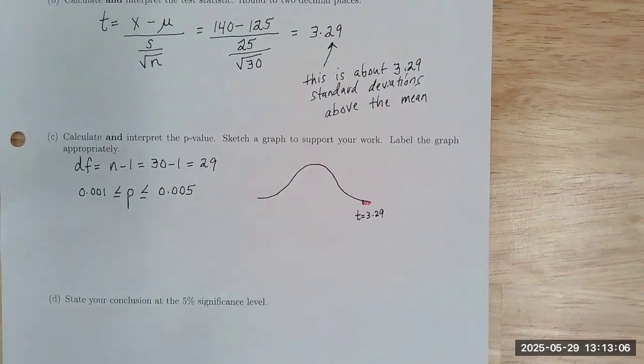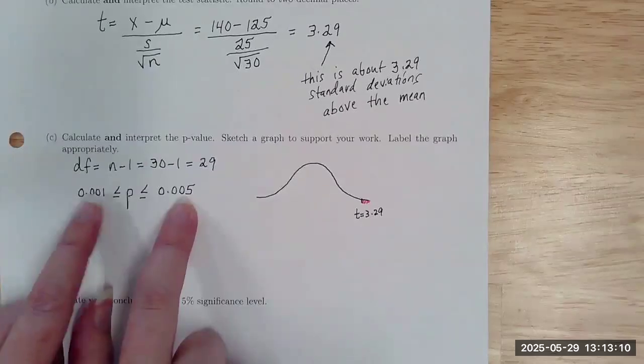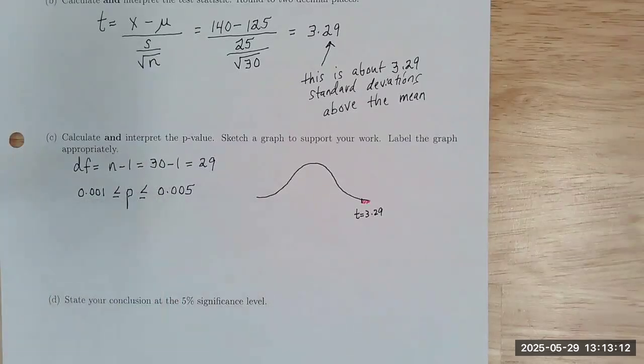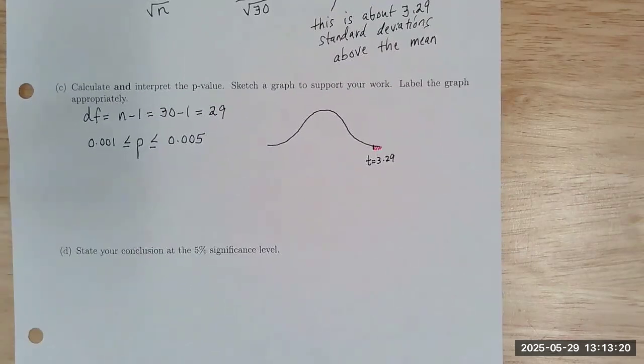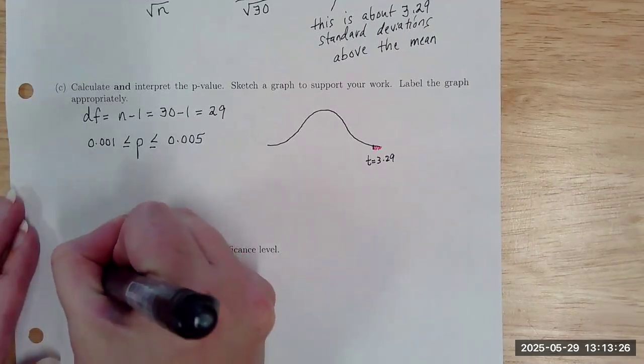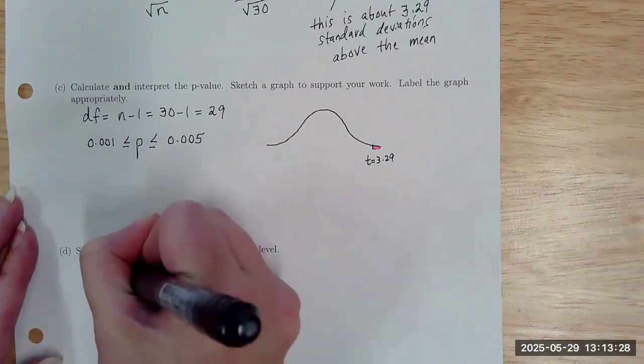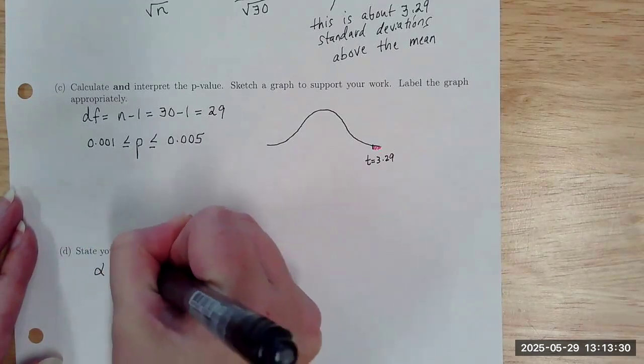So I can't tell you exactly what the p is if we're using the t-table. I can only tell you that it's got to be bigger than this number, but smaller than this number. If we actually had a computer program, it would tell us the exact p, but we don't have that. So when she is asking you a t-table question, you can only bound it. So it says state your conclusion at the 5% significance level. That means your alpha is equal to 0.05.